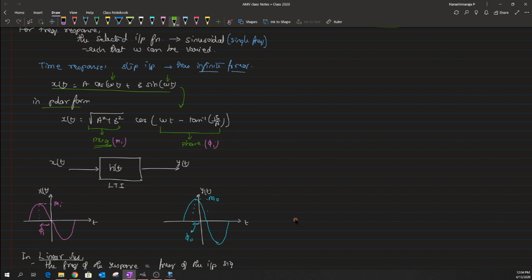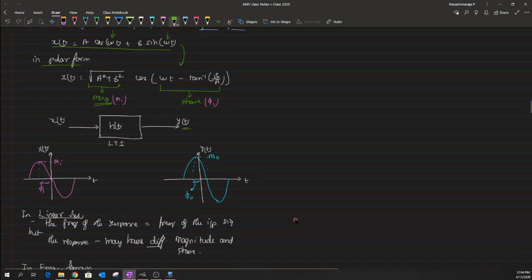When that signal is passed through an LTI system h of t, we get an output. As I said, the input and output will differ in magnitude: the input magnitude is Mi, whereas the output signal has a different magnitude, M naught.